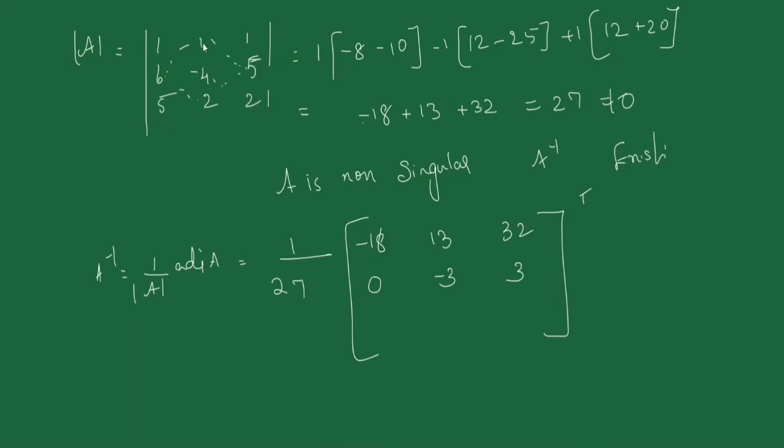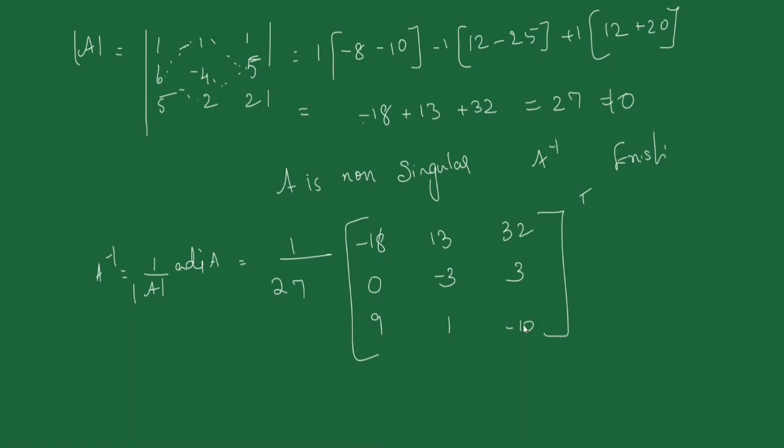Cofactor of 5 is 5 plus 4, that is 9. Cofactor of 2 is 5 minus 6, minus 1, will become plus 1. Then cofactor of this 2 is minus 4 minus 6, minus 10.